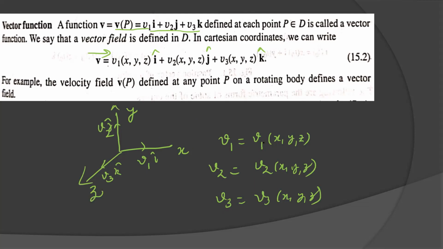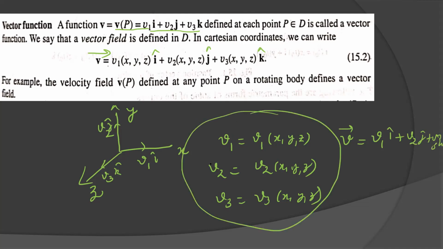Remember, v1, v2, v3 are scalar functions, but if you write them in vector representation with unit vectors i, j, k, this is called a vector function.